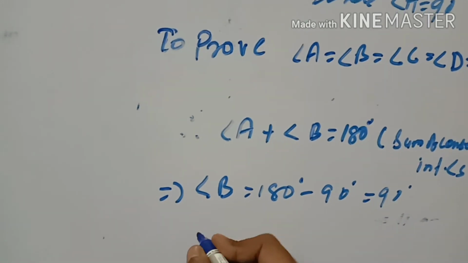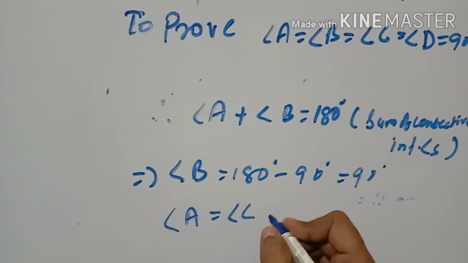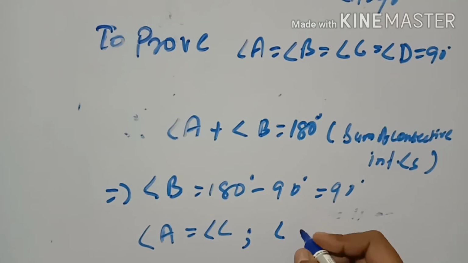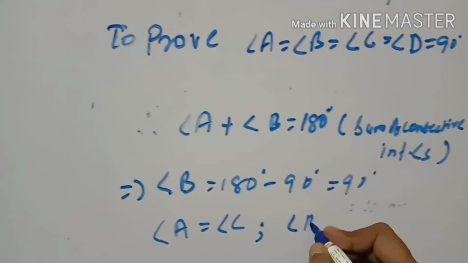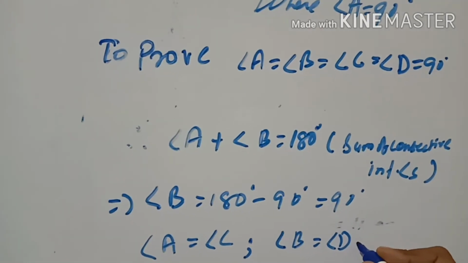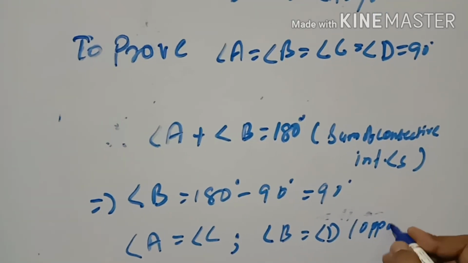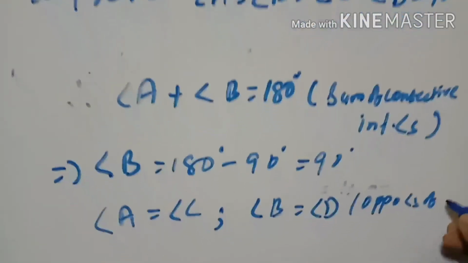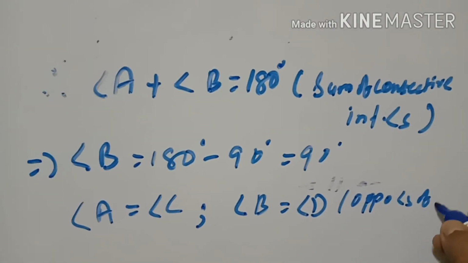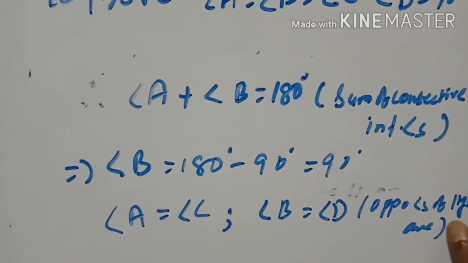This implies that angle A equals angle C and angle B equals angle D, because opposite angles of a parallelogram are equal.